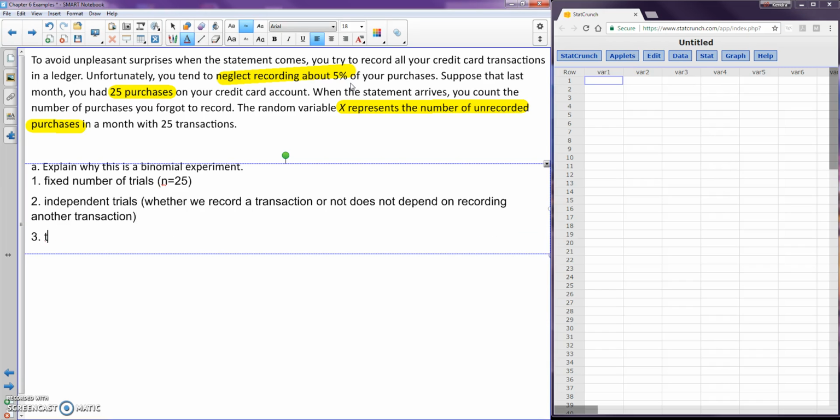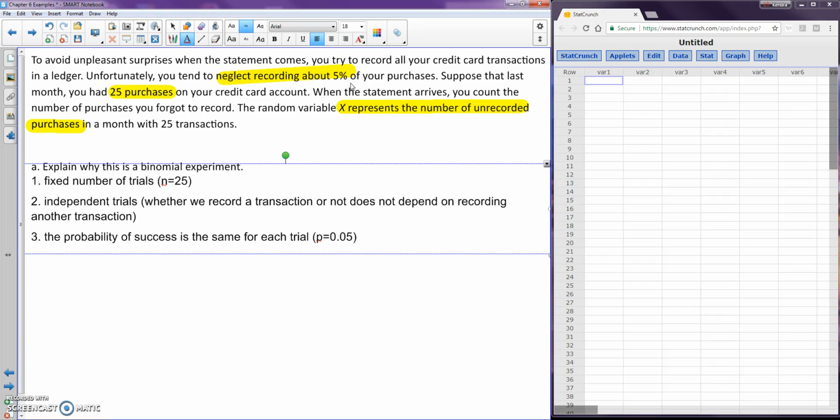The probability of success is the same for each trial. And this we represent with the letter p, and that is 0.05.